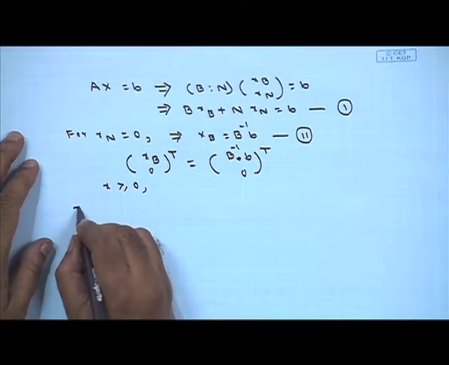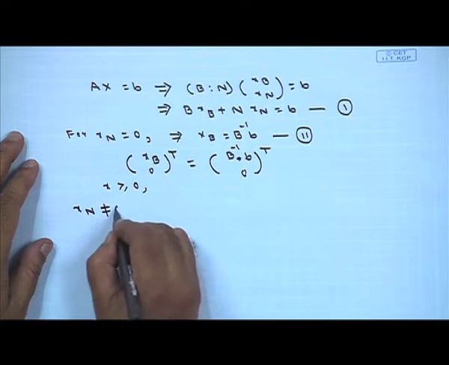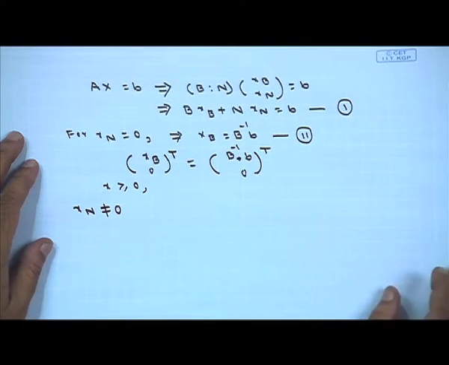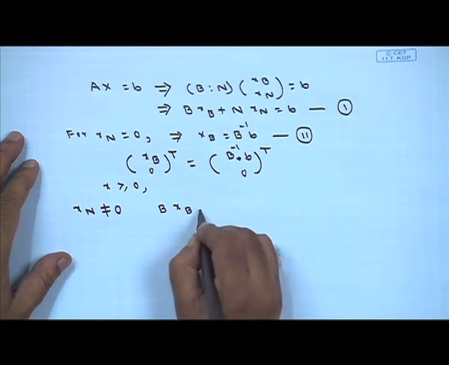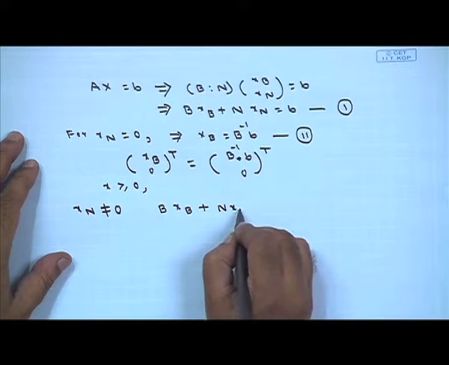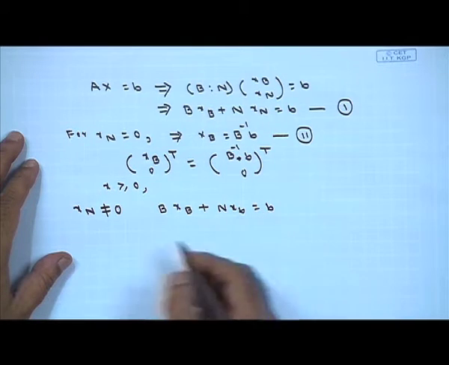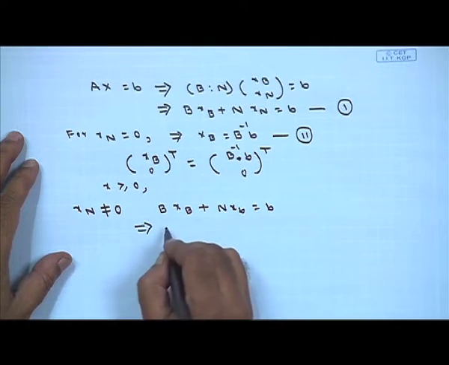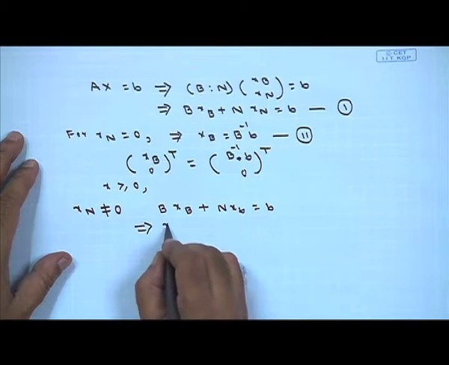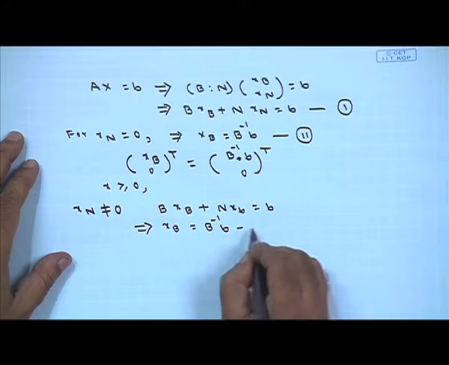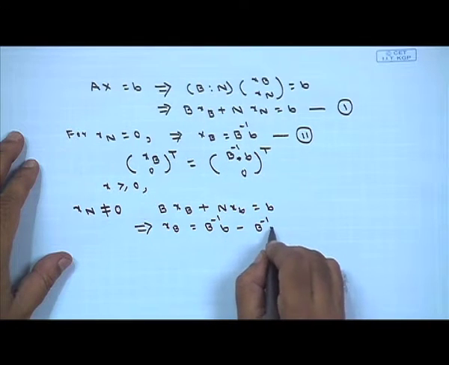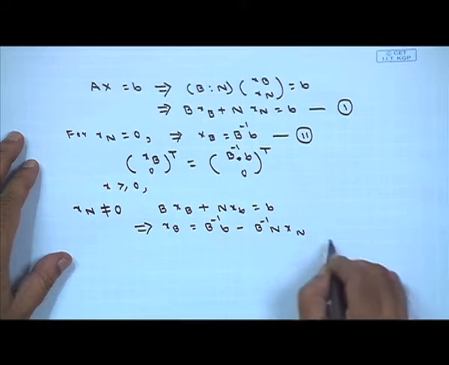Now, whenever xn is not equal to 0, we have B xb plus N xn equals B. After manipulation, you can write xb equals B inverse B minus B inverse N into xn.